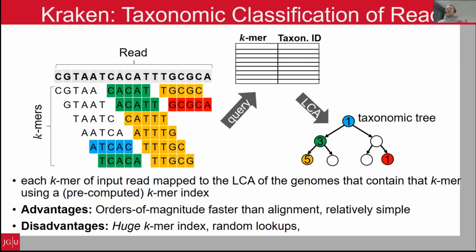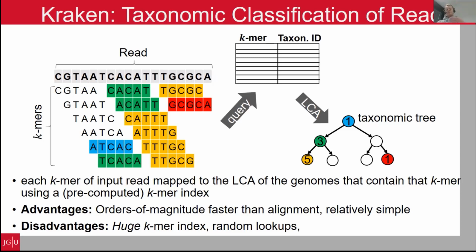And now you use all substrings of length 5 to query a database. This database is a key-value database, as can be implemented by hash tables, with a k-mer as the key and the value being the taxonomic IDs where this k-mer occurs, meaning genomes that have that k-mer in their genomic string. This was the first approach that implemented that several years ago.